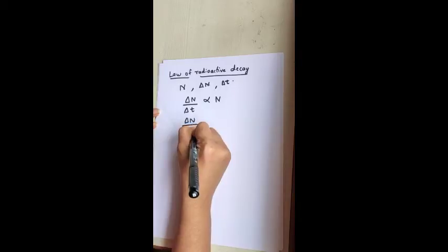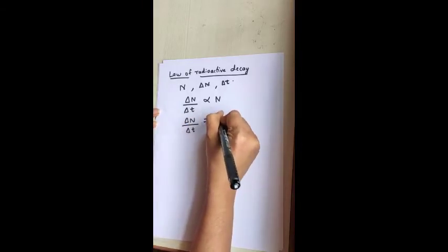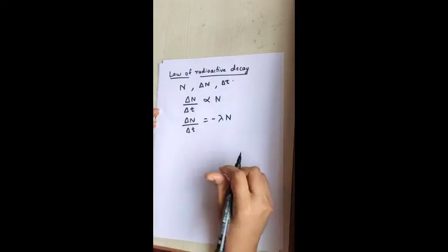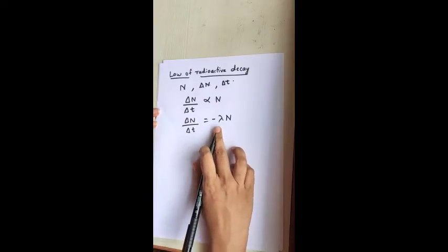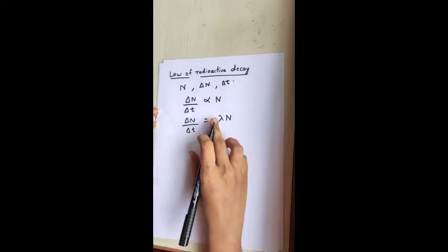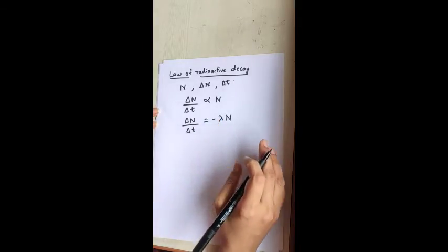Now I have to replace this proportionality constant. Therefore, delta n by delta t equals minus lambda n, where lambda is called the radioactive decay constant or disintegration constant, and the minus sign indicates that the substance is decaying with time.